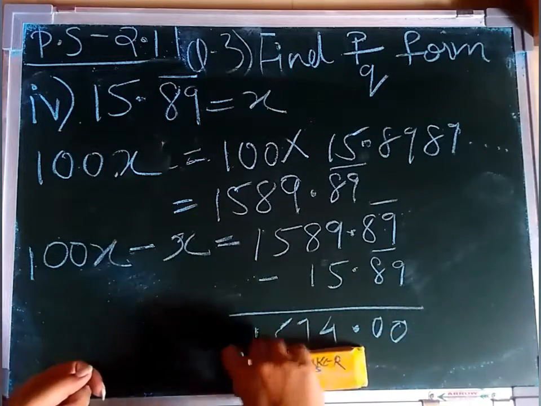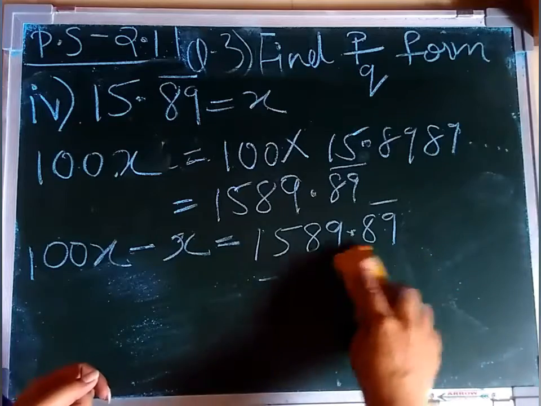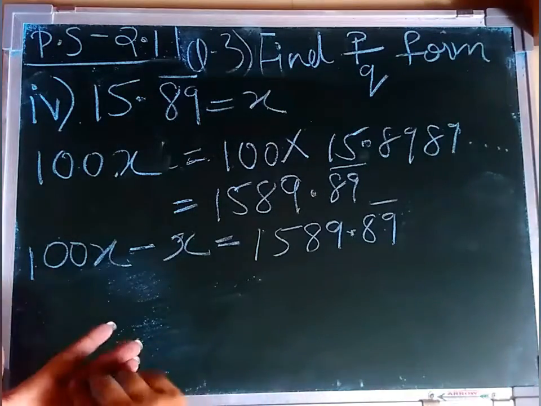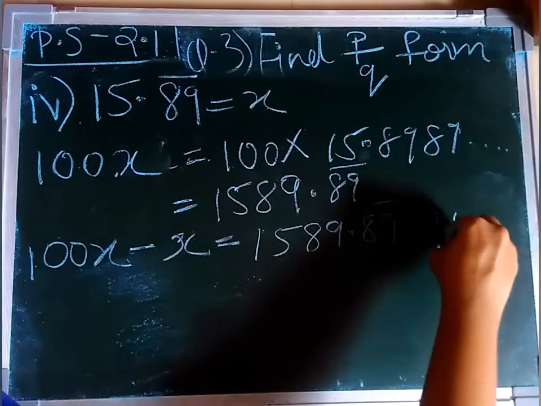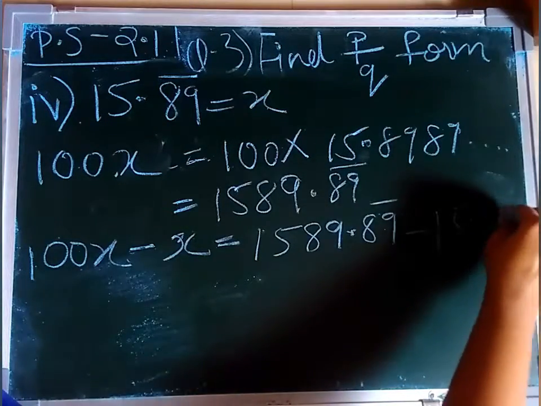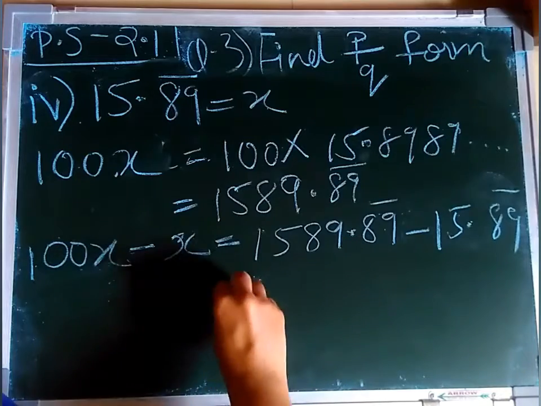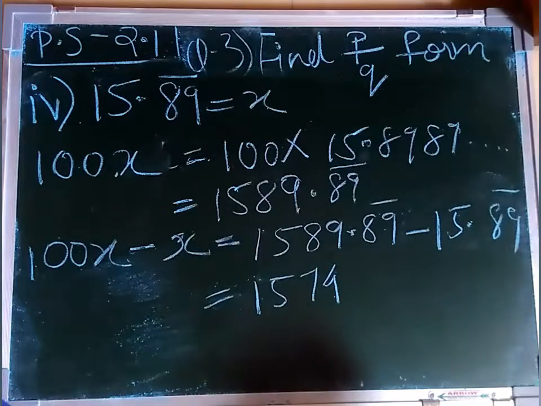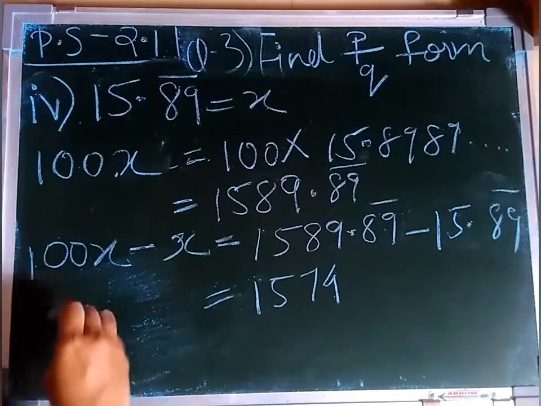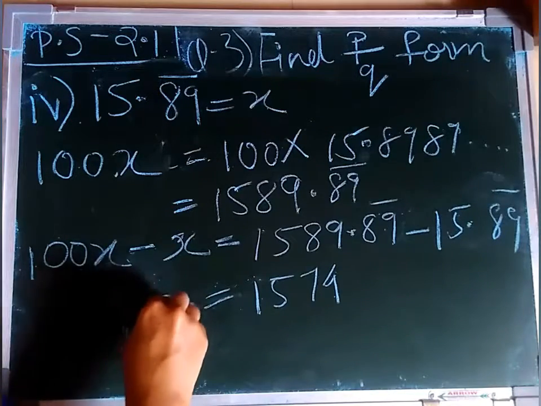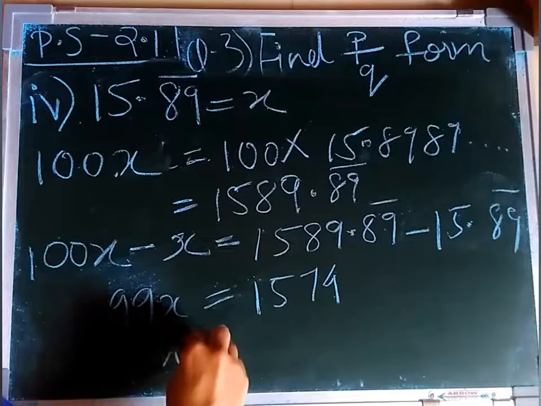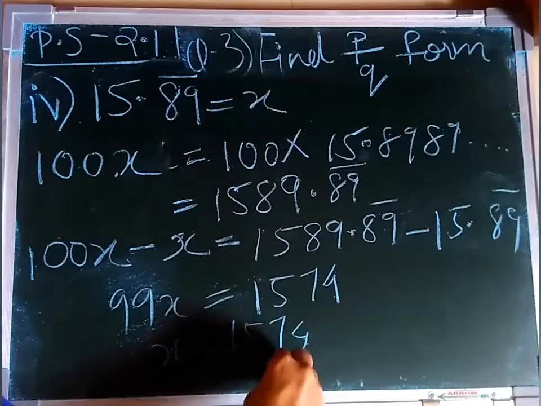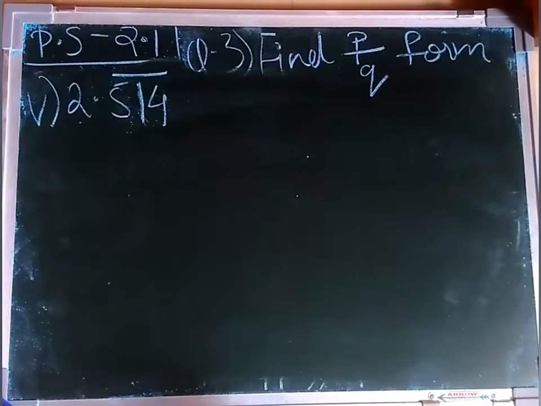So now 99x is the same as 1574. So x is 1574 upon 99.